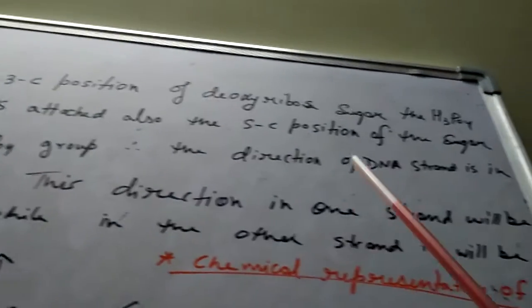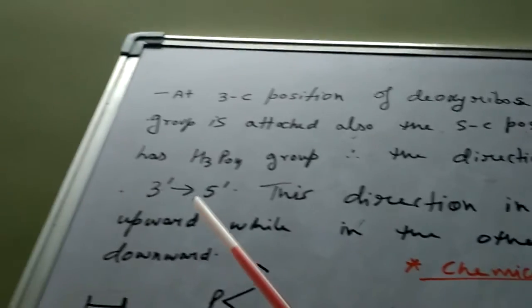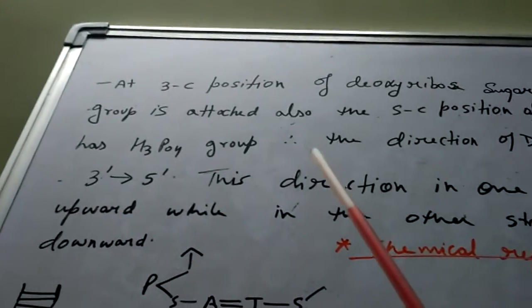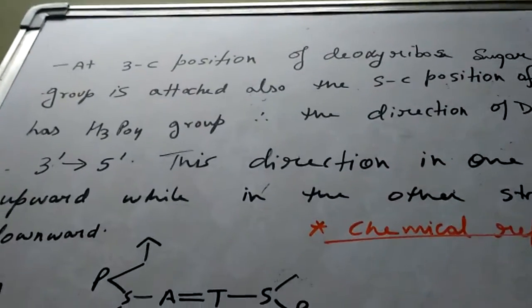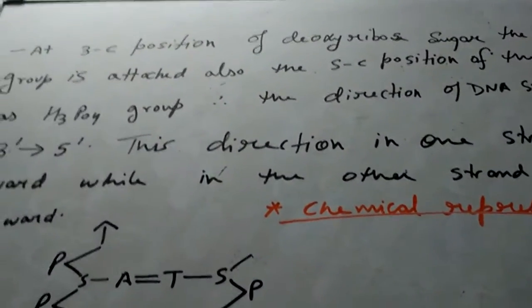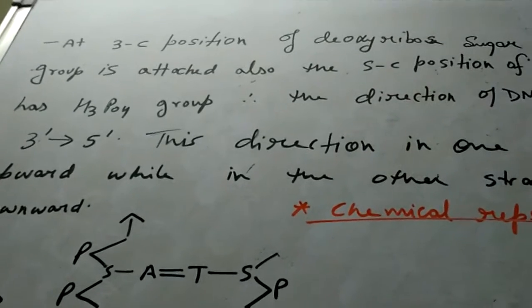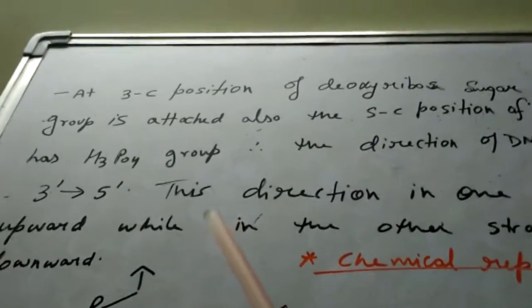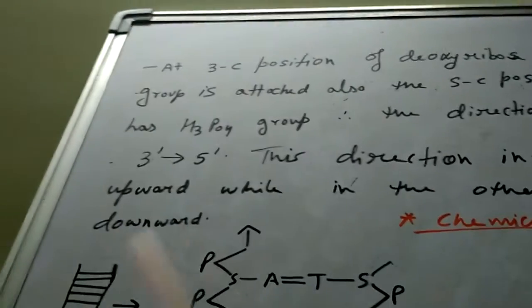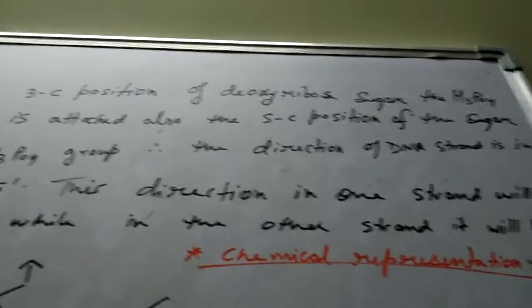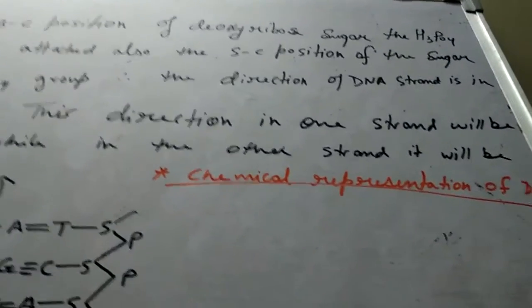Therefore, the direction of the DNA strand is in the 3' to 5' direction, or vice versa. This will become clear after having a look at the diagram that I have drawn down below. This direction in one strand will be upward, while in the other strand it will be downward. So keeping these points in mind, just go down and see the diagrams.